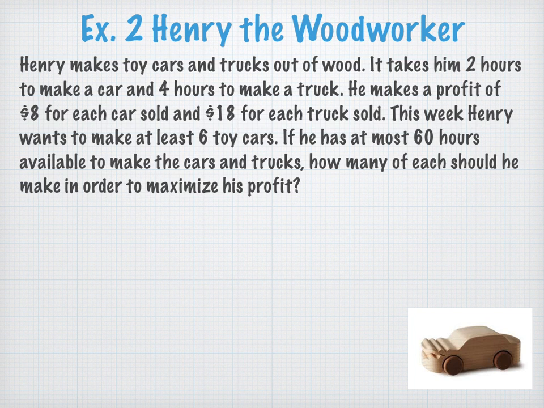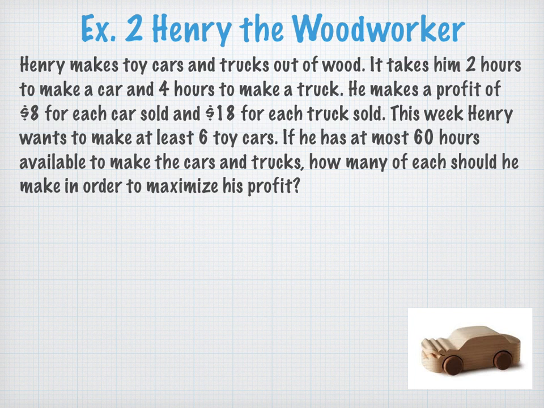This week, Henry wants to make at least 6 toy cars. So there's one constraint already. He has at most 60 hours available. There's another constraint that we can turn into an inequality. How many of each should he make in order to maximize his profit?